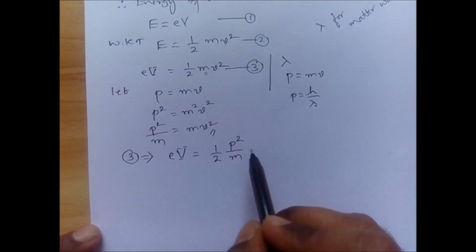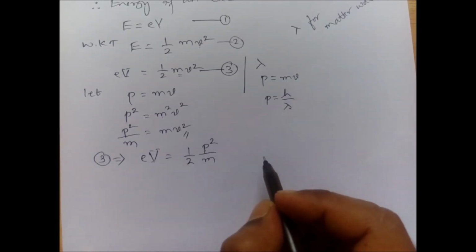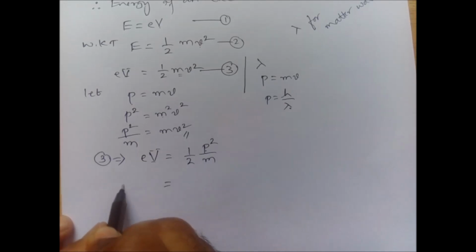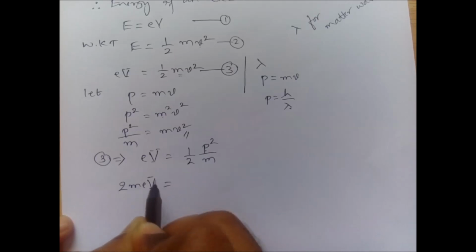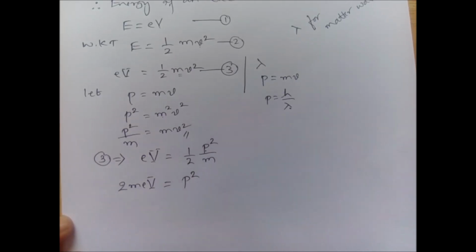Now what we should do is replace this p using this equation. Let us take all the terms to this side. This is 2m eV, and we remain with this p square on this side.